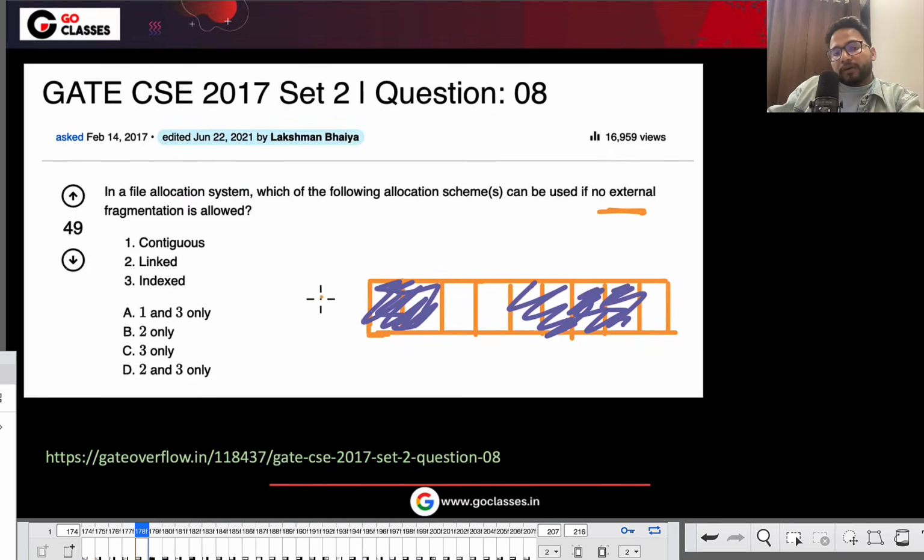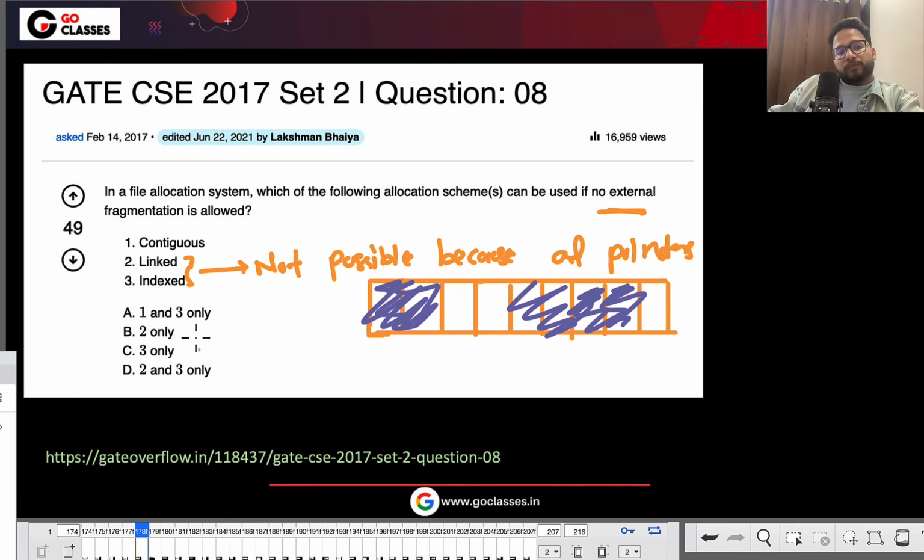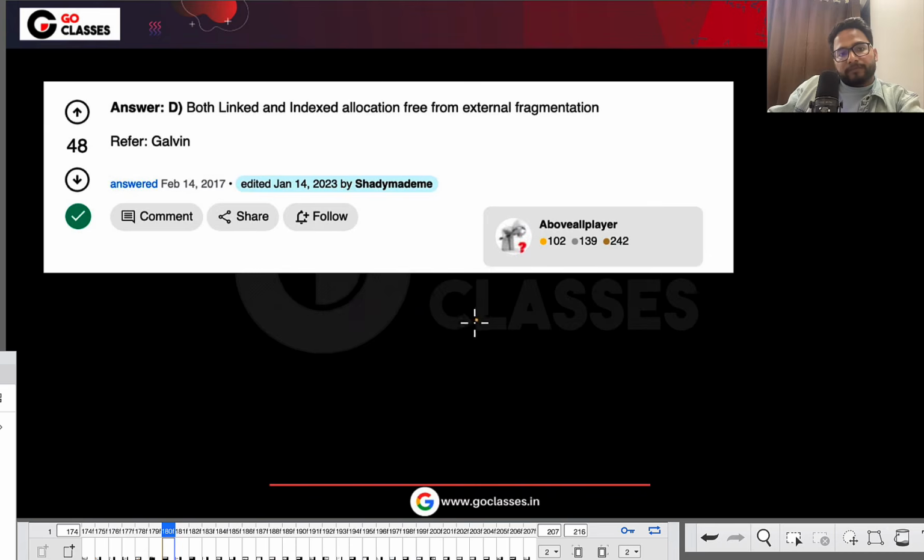In linked or index, external fragmentation is not possible because of pointers. But in case of contiguous, this is possible. They are asking for no external fragmentation, so you can say 2 and 3 only. So D is the correct answer here. Okay, D. Understood?